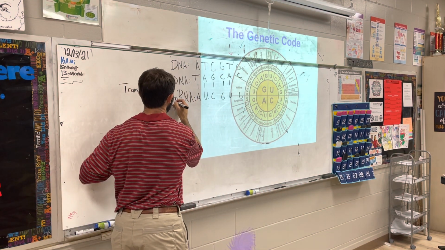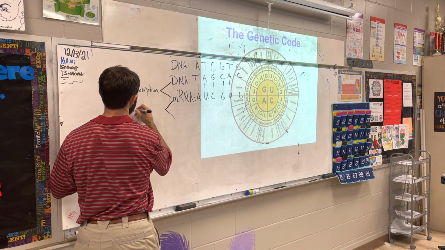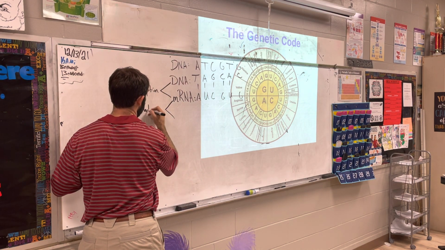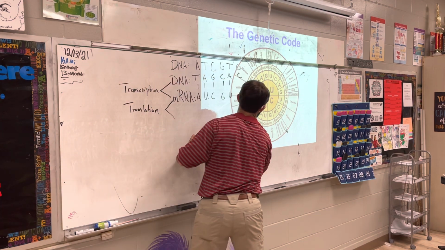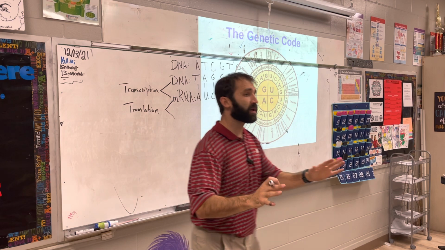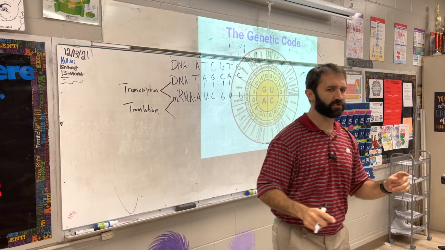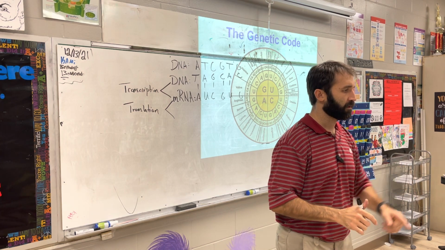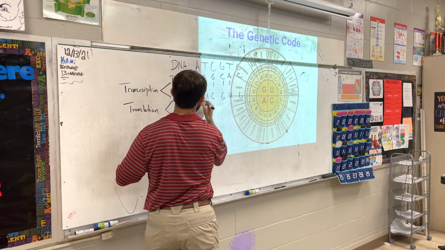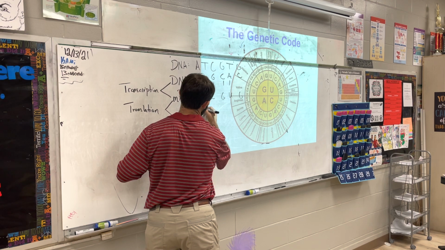All right, next step is translation, where we code for the amino acid. Before we code for the amino acid, I think yesterday in our notes we got to the word codon? Yeah. A codon was a 3-base sequence, right?